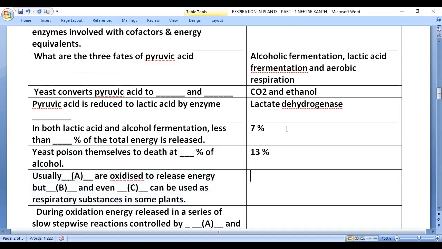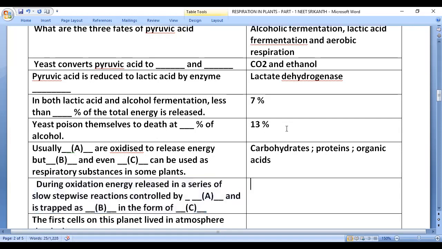Usually carbohydrates are oxidized to release energy, but proteins, fats and even organic acids can be used as respiratory substrates in some plants.